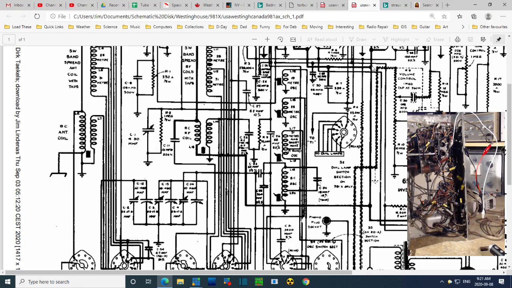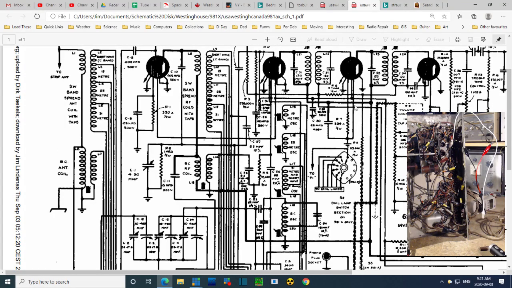Did I mistrace it? Let me try that one more time. There should not be a ground on this wire, that's for sure. Well, you know, I don't think there's a connection here.